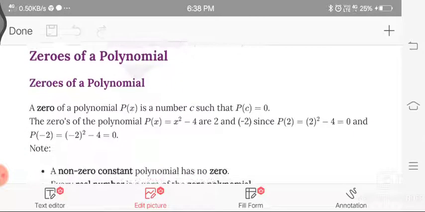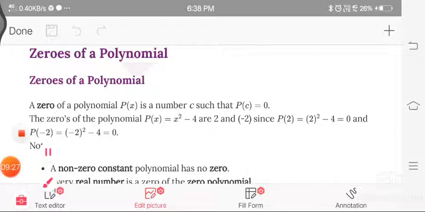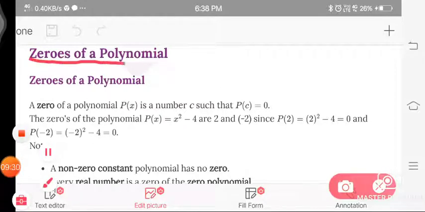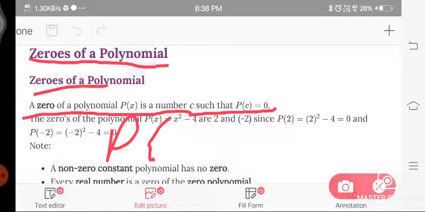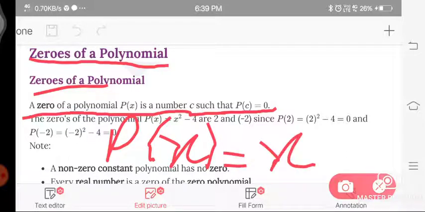Okay, so zeros of polynomials, or we can also say the roots of polynomials. What are the zeros of polynomials? A zero of a polynomial p(x) is a number c such that p(c) is equal to 0. So if we take p(x) is equal to x minus 1, the zero of this polynomial is plus 1.